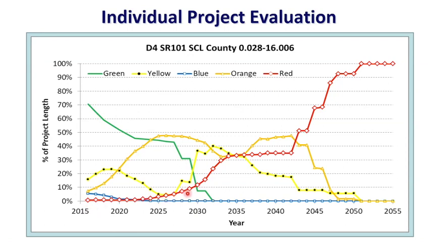But red pavement will pick up later on, right? And when you see this piece of pavement, at the beginning it's very, very greenish, or at least green accounts for 70% of the entire post-mile range, right? And this green starts to dwindle like that, and the yellow starts to pick up, and yellow changes to orange, and orange changes to red, right?